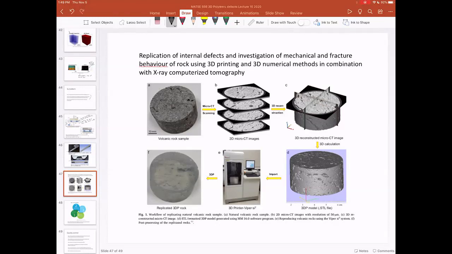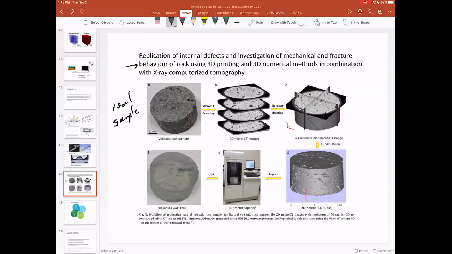This paper was written in England. You can tell by the spelling of behavior right here. I don't have the DOI number on here, but if you just Google that title, you'll be able to find it. But basically, this is a cool use of 3D printing because they have a real sample.